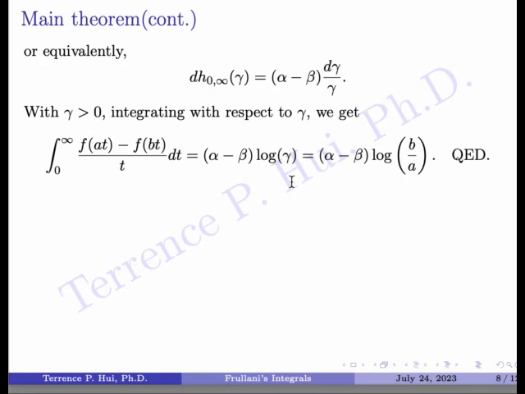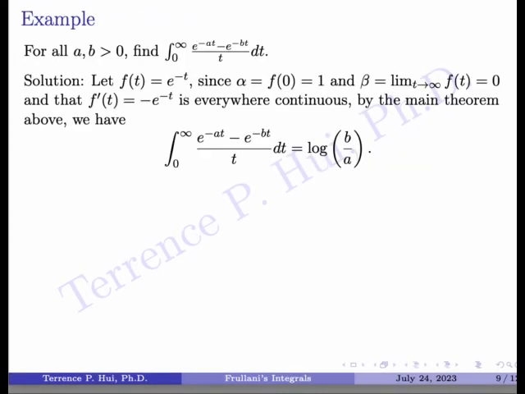I like to use log. In my world, log is natural log. So the integral of this is just log gamma. What is gamma? Gamma is b over a. So in other words, the Frullani integral, when those three conditions are met, is just alpha minus beta, all times log of b over a. QED. That's the proof of this theorem. So we can now use this as a tool to solve problems. All right, let's quickly take a look at an example.